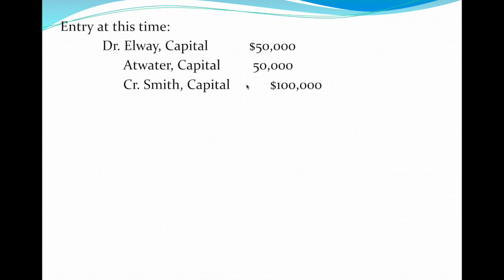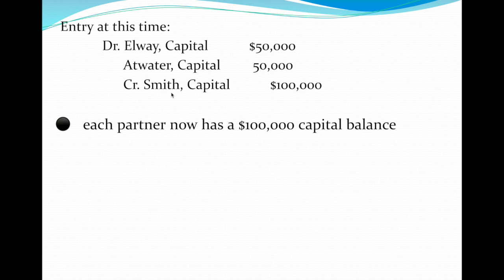The only real result is now there's a new partner in the company whose name is Smith. Because we've decreased Elway's capital by $50,000 and Atwater's capital by $50,000, Smith's capital is now $100,000. What this means is that each partner now has $100,000 of capital balance.